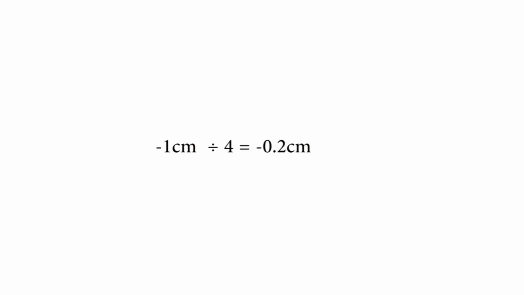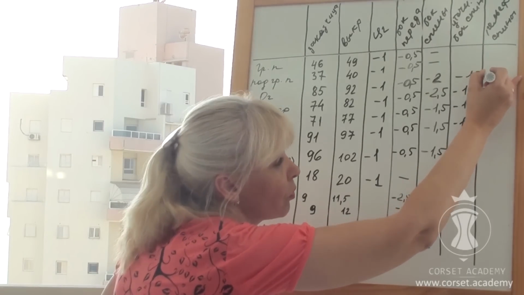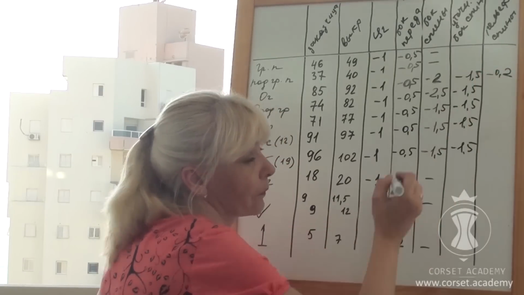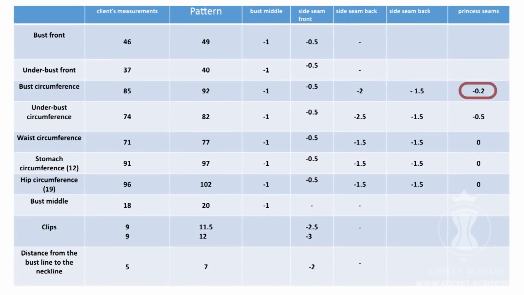Negative 1 centimeter divided by 4 equals negative 0.2 centimeters. I need to shift each edge of each princess seam 0.2 centimeters inwards at the level of the bust. The total circumference of the pattern will then be 85 centimeters, which fully complies with the client's measurement. I write negative 0.2 centimeters in line 8 of column 3.